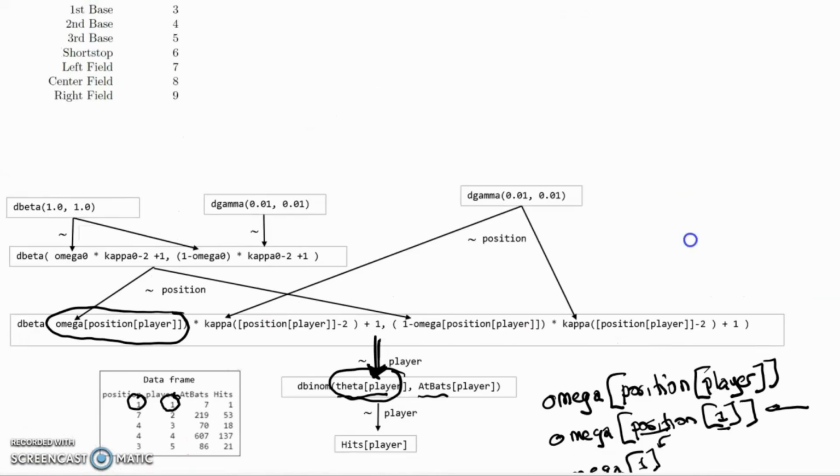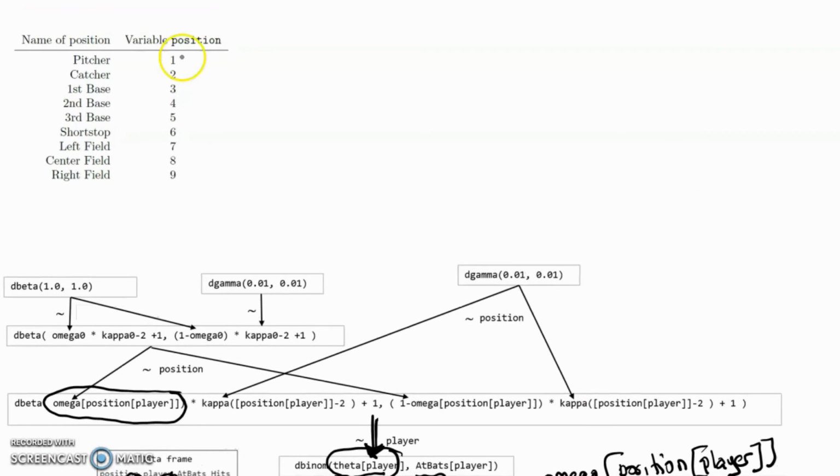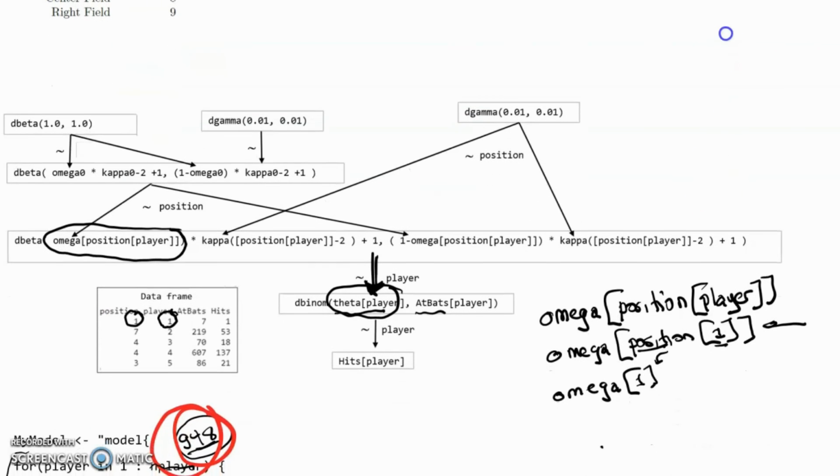But if we come back up here, we see that if position is 1, then that's a pitcher. So the beta distribution from which we get the value of theta per player for player number 1 is going to have an omega, a modal value, the modal value of a pitcher.